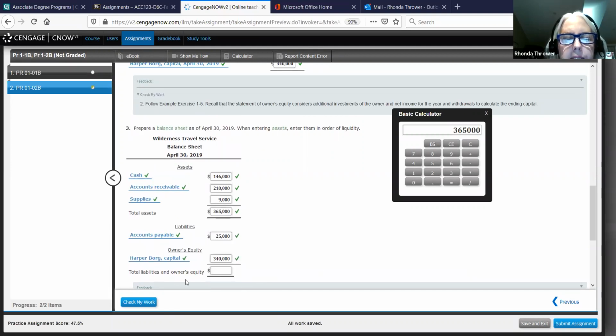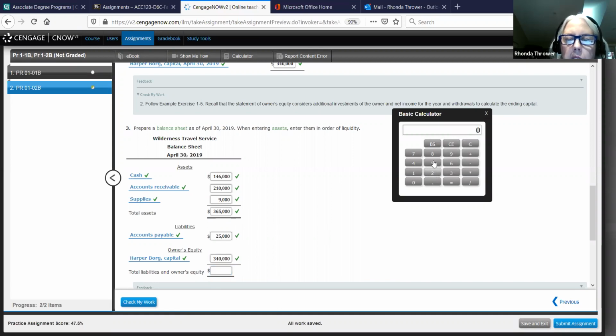So the last thing that we do on the balance sheet is we combine the total of our liabilities plus the total of our owner's equity together. These two items are combined, and when you add these two together, they have to equal $365,000.